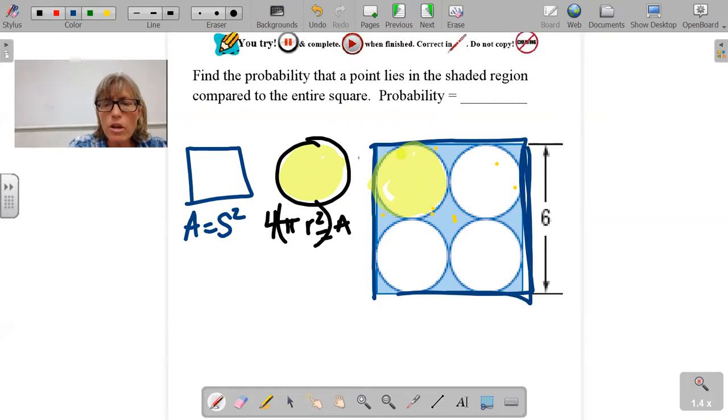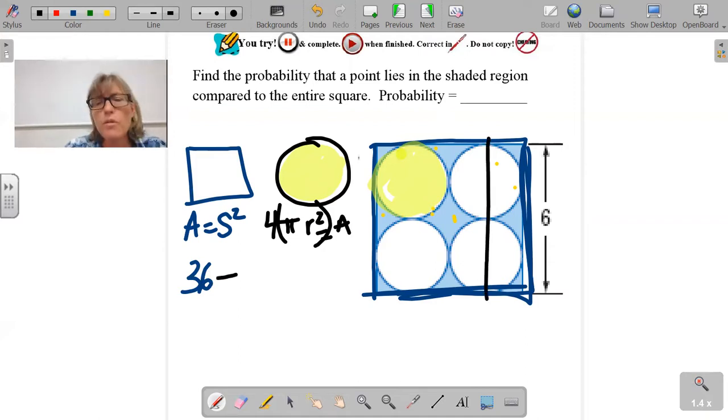So your side squared is really simple. That's going to be 6 times 6, it's 36, minus, if you drew the 6 down this way, you would have figured out that your diameter is 3, therefore your radius is 1.5.